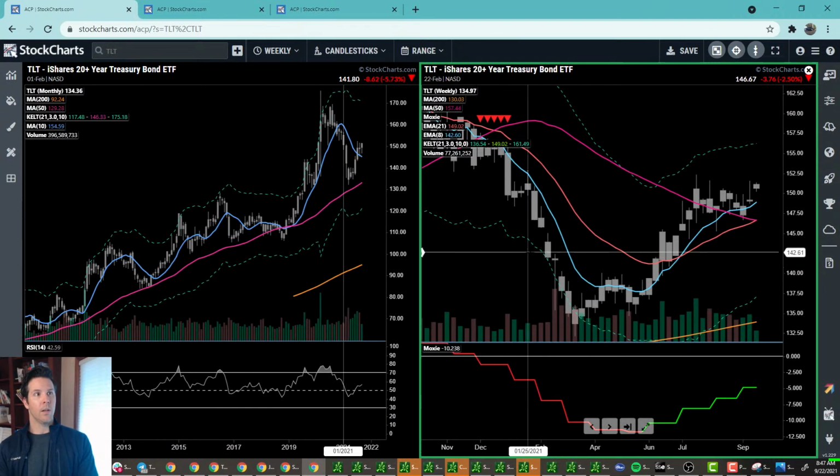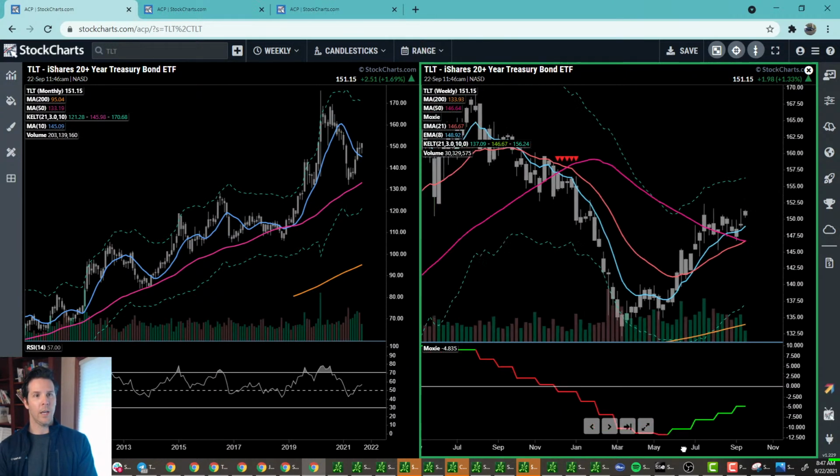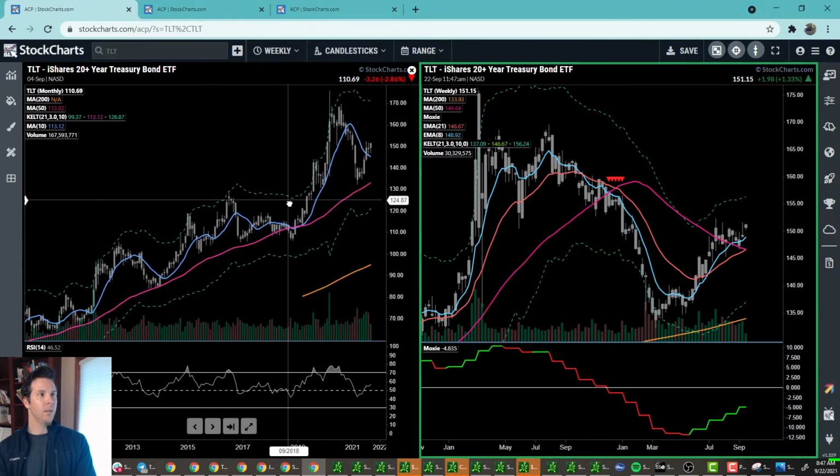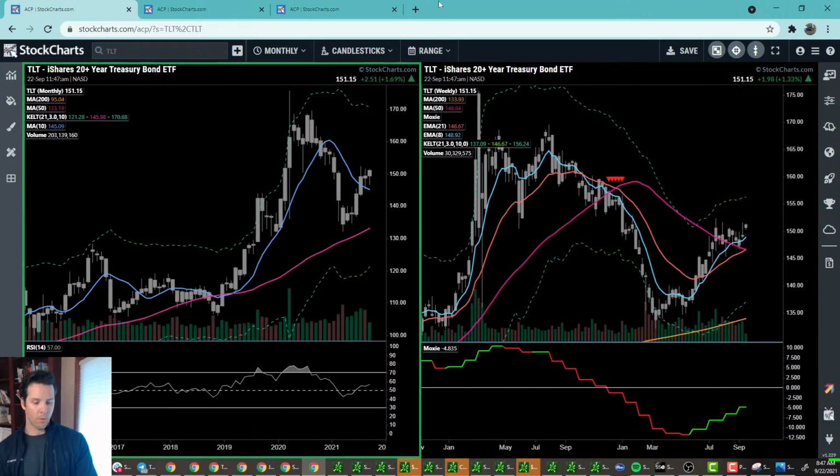If we look at this on the weekly and the monthly, zoom in on that, what we've been seeing is price has been able to get past the monthly 10, and it's been able to get past the weekly 50. Now, what I would eventually be curious about, it's been holding the weekly 21, but what I would be curious to see is price kind of come up like this, and then we want to see it actually hold the 50 like that and then move up.